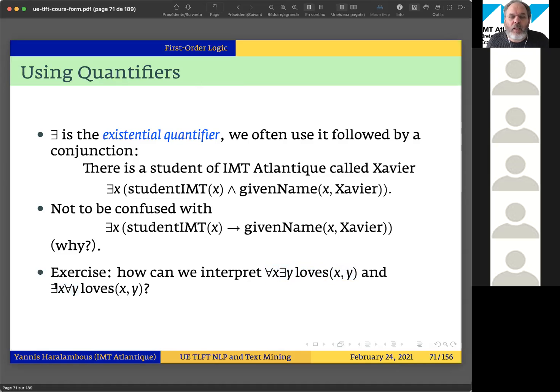So here there is an X, the same X for all Ys. So this X loves all the Ys.